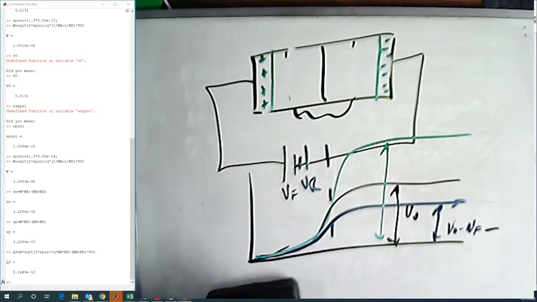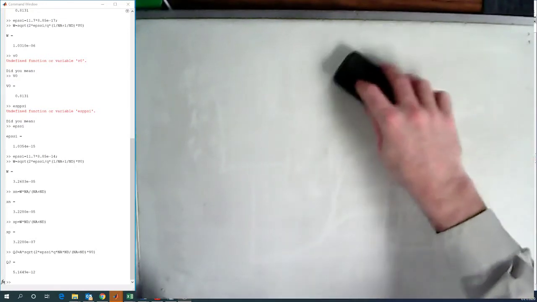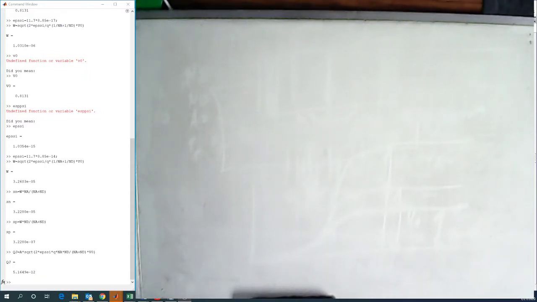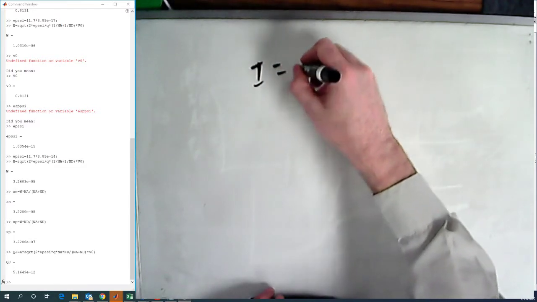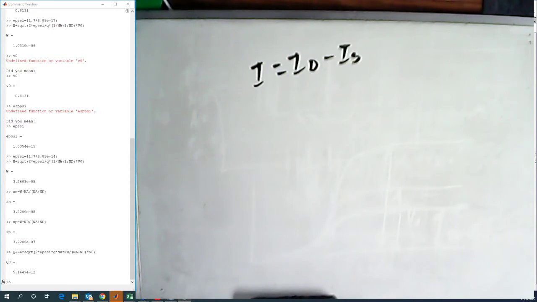We're going to just very briefly look at the forward bias case, okay? And in the forward bias case, what we care about is what we call ID and IS. The current through it is equal to ID minus IS.